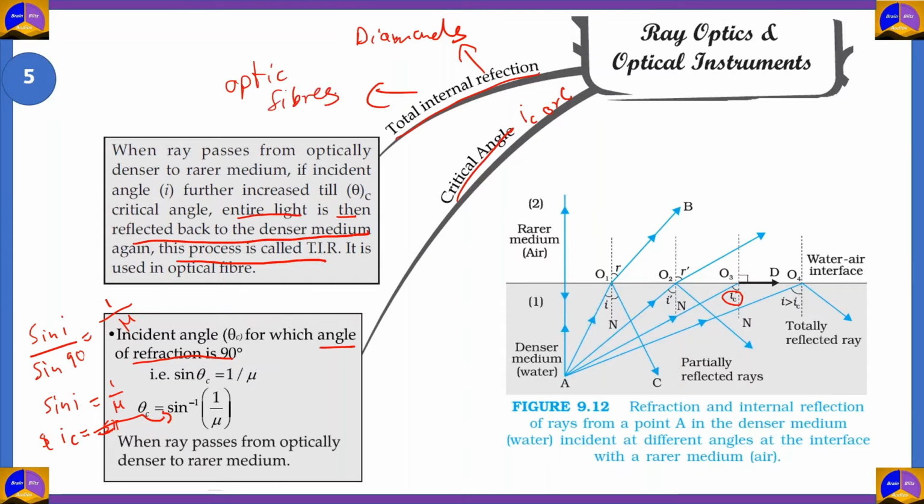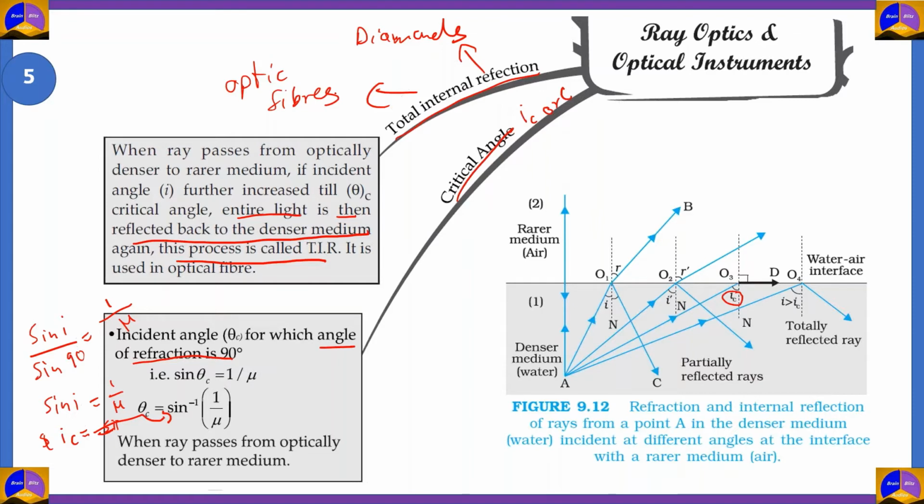So if you've seen those wires which you use for your local access networks, you find that instead of copper, there is a plasticky sort of thing running through the wire. Those are basically what we call optic fibers, and those are made of materials such as silica, which has a high refractive index.